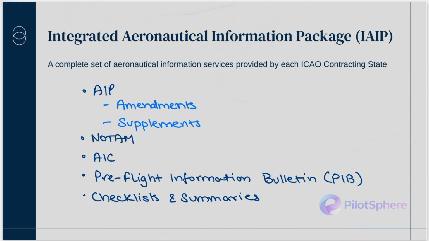Pre-flight information bulletin, we are going to take a look at next. And so you have 1, 2, 3, 4, 5 components of the integrated aeronautical information package. What Airport Authority of India is really doing is compiling an IAIP all together in one position.